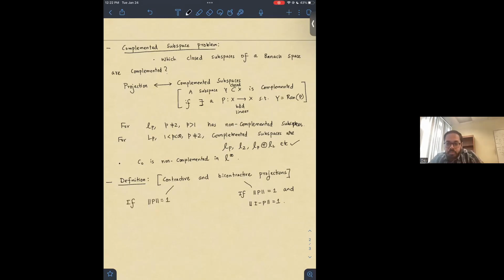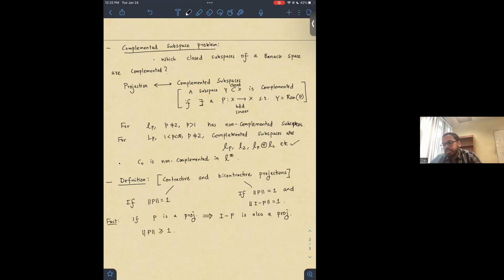Remember that if P is a projection, then I minus P is always a projection. It is also true that the norm of any projection is always bigger than or equal to 1.